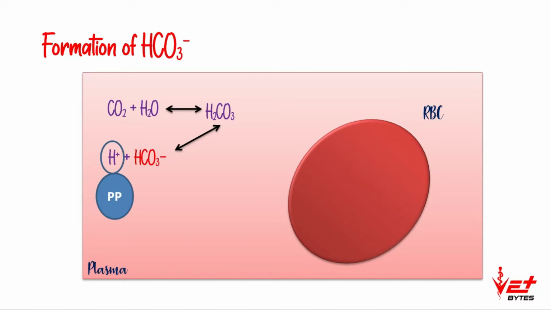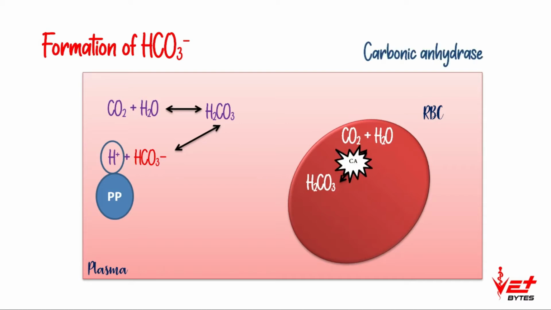In RBC, carbon dioxide binds with water to produce carbonic acid, but this reaction occurs at a faster rate than in plasma because of the presence of the carbonic anhydrase enzyme inside the RBC. So a larger amount of carbonic acid is produced inside the RBC, which then dissociates into bicarbonates and H plus ion. This H plus ion is buffered by hemoglobin.